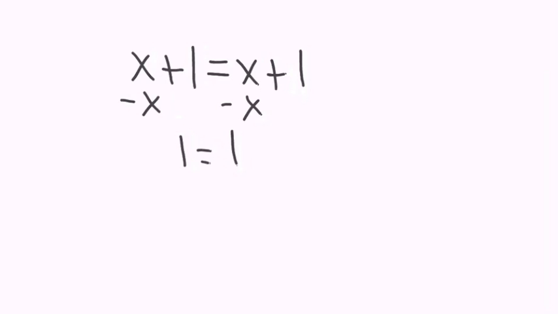And now you can see that 1 does equal 1. What this means is that any value you plug in for x will make this equation true. We call this the identity. Okay? When every value works, these two equations or expressions are the same on either side. So we can also say the solution is all real numbers.